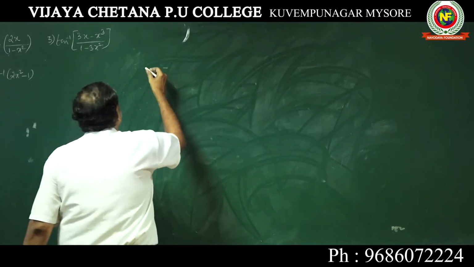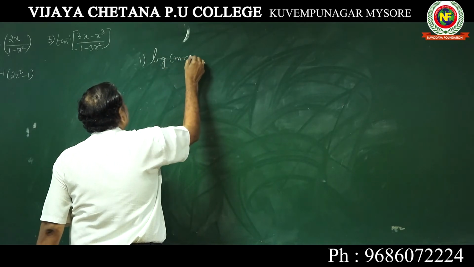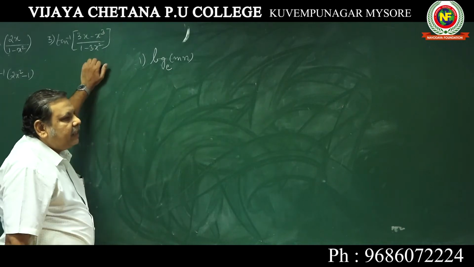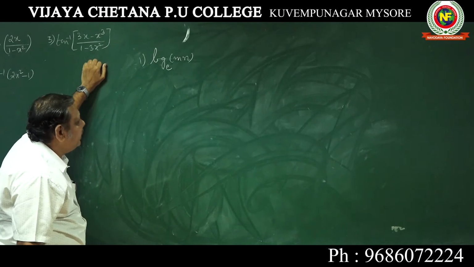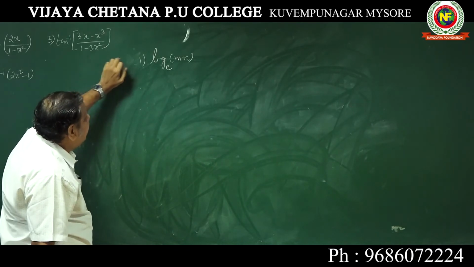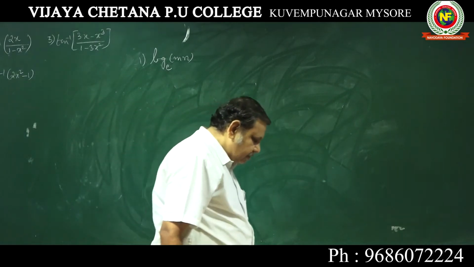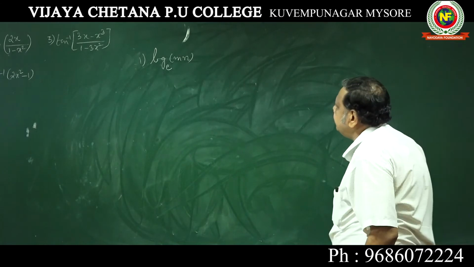First formula is log mn. If nothing is given, it is understood to be to the base e. Wherever it is to the base e, we call it Neperian logarithm. Neperian is a mathematician. And whenever it is base 10, we call it common logarithm. So whenever you do calculations using log tables, it is logarithm to the base 10.